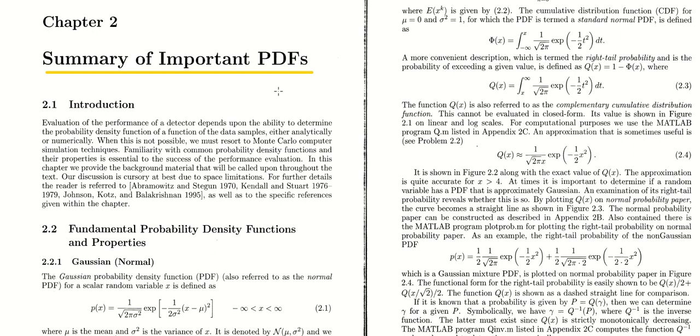When we are dealing with a lot of engineering problems, particularly signal processing and communications, we have a lot of uncertainties, and those uncertainties are fundamentally described by the probability density function and also the random variables. So in this chapter, we are going to summarize the PDF.